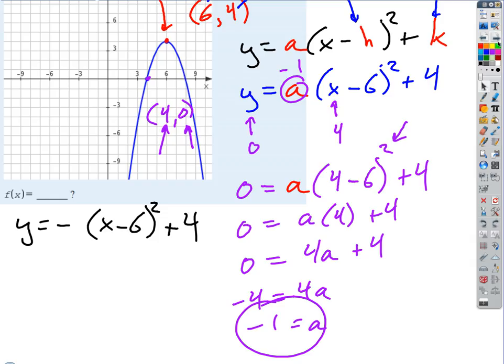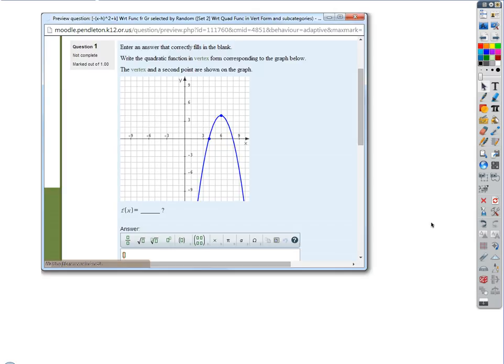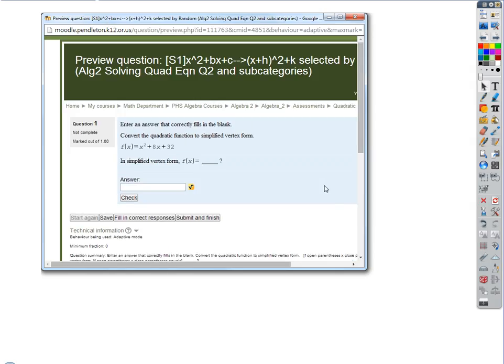Okay, let's look at maybe another one on here that seemed to be a little problematic. Is this one that I wanted? Yeah, this one. Okay.